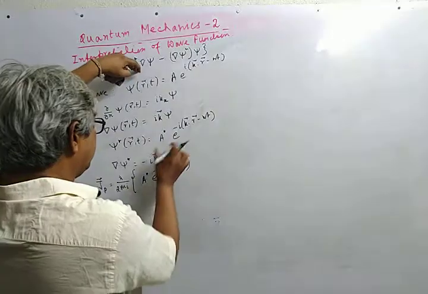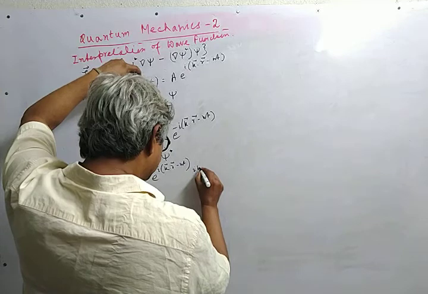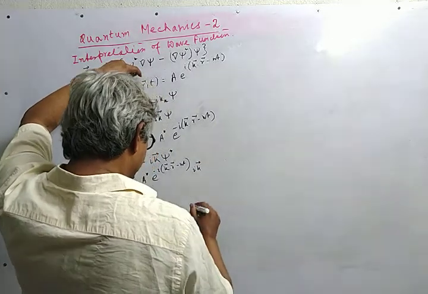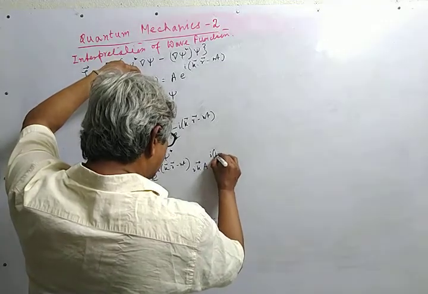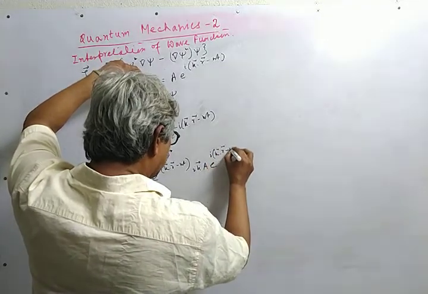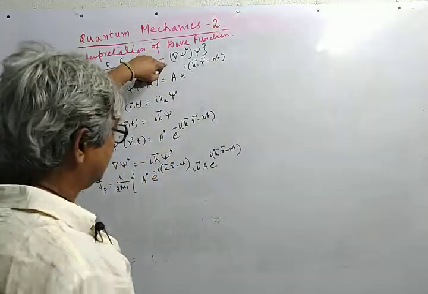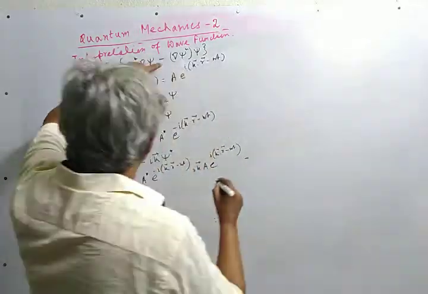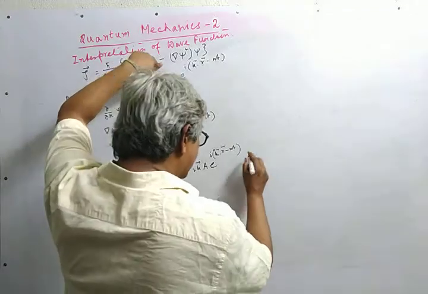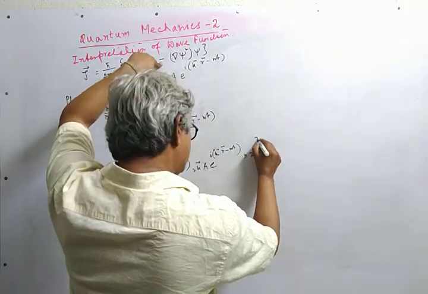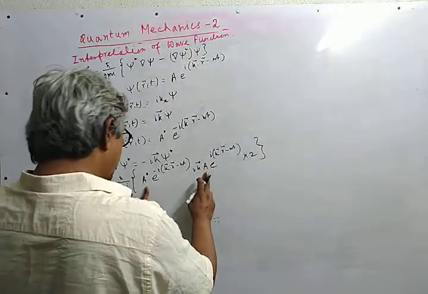From this part I will have i k times A e to the power plus i (k dot r minus omega t). And from the second part, there is a minus sign over here and there will be a minus sign over here, so the same thing will appear and we multiply it just by 2, and these two terms cancel and A makes it a modulus square.